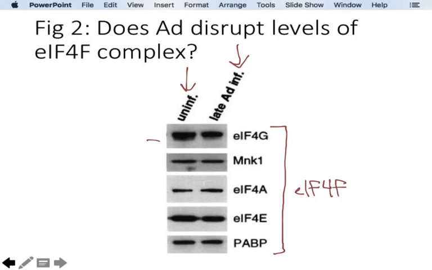Each of these represents an individual Western blot, so they've probably run 5 gels. And then they probe with antibody that's specific to detect EIF4G, or MINC1, or EIF4A, or E, or poly A binding protein. Just by eye, what's the effect?